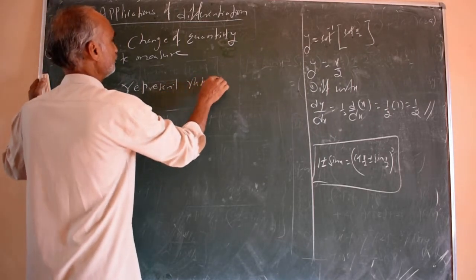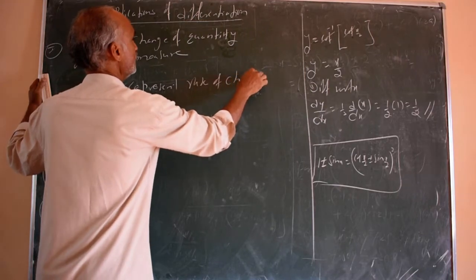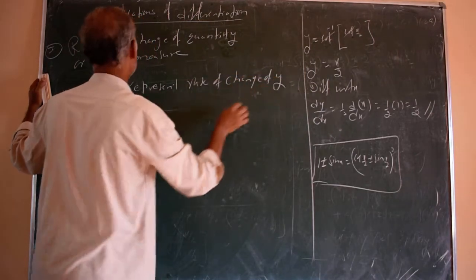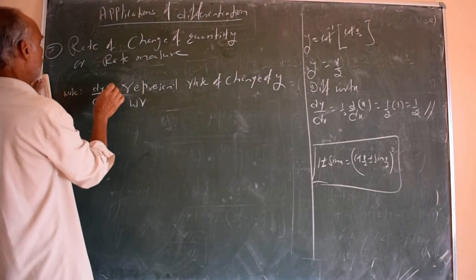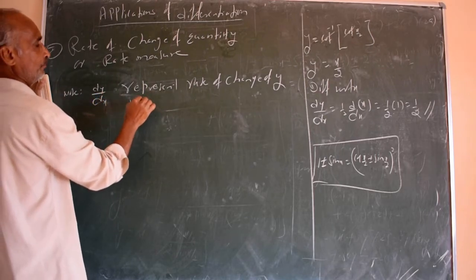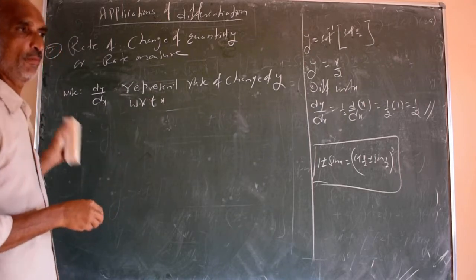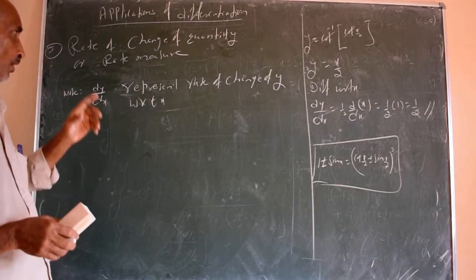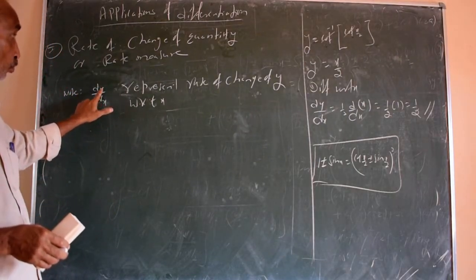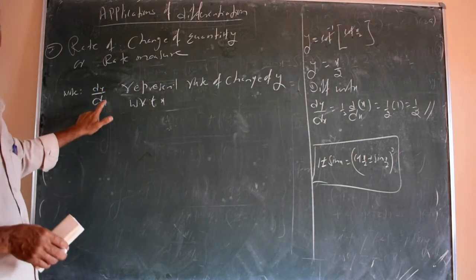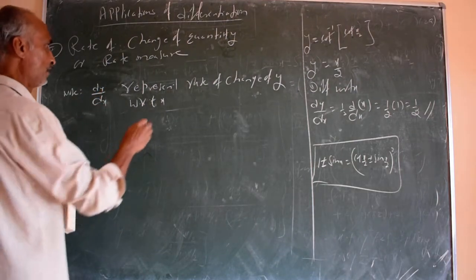Rate of change of y with respect to x. What do you mean by rate of change of y with respect to x? It represents the change in y when x changes by 1 unit.